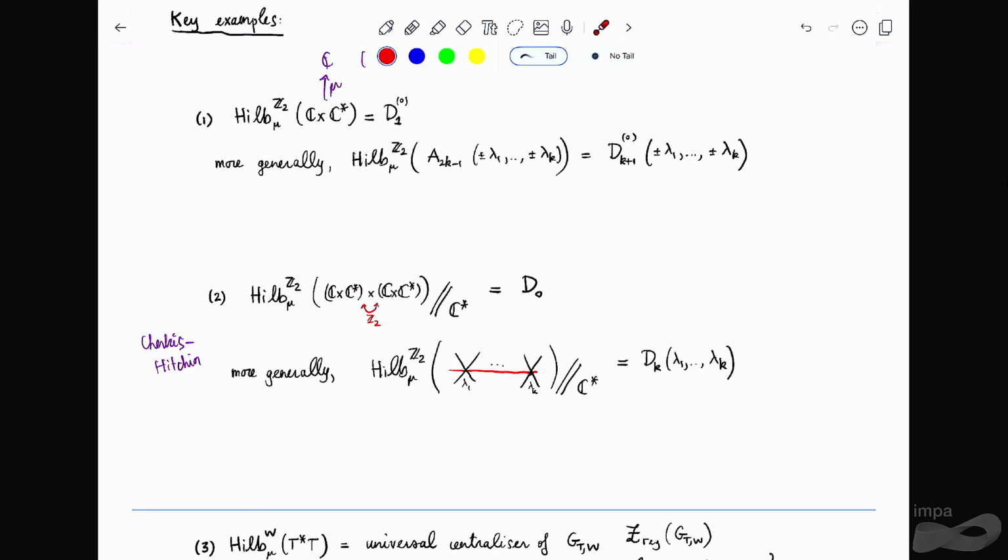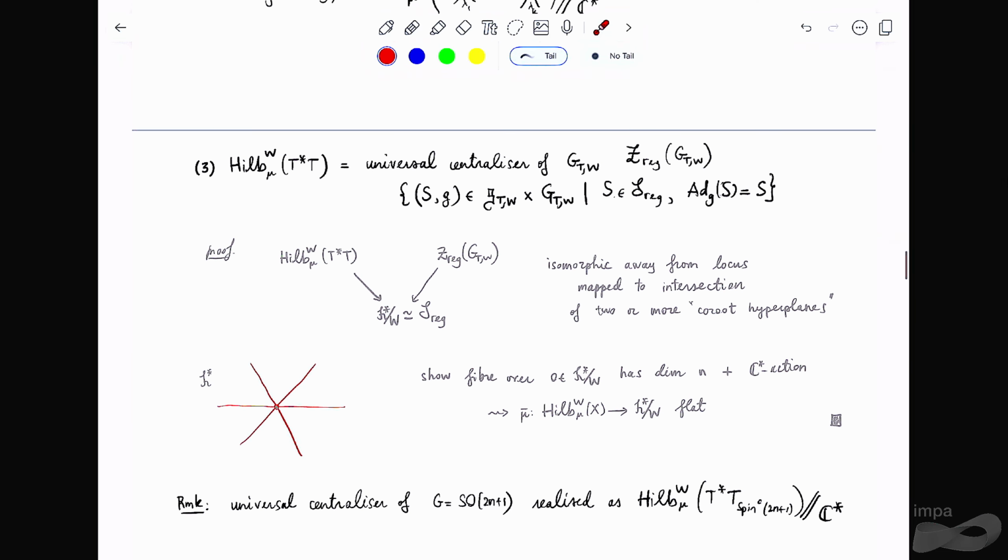More generally, you can start with a higher dimensional hypertoric variety associated with this diagram, with Z2 action that is reflection along this red upper plane, and you do this Hilbert scheme construction followed by a holomorphic symplectic quotient, and here's how you get the generic Dk surface.